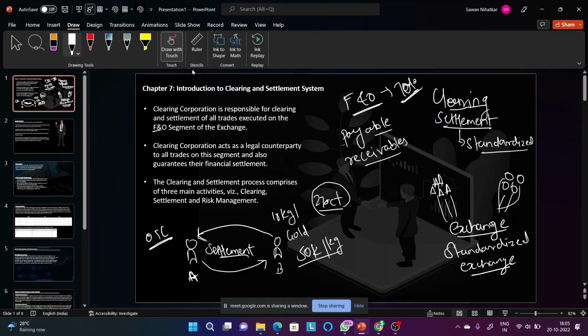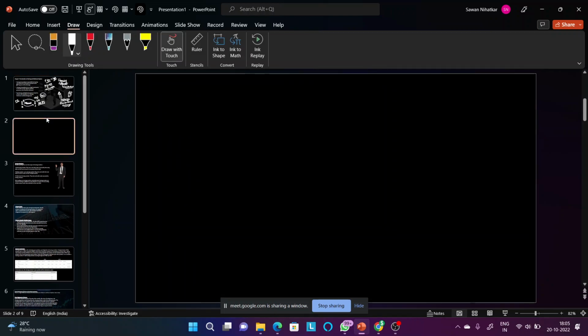So the clearing corporation acts as a legal counterparty to all the trades on this segment and also guarantees their financial settlement. Now, when you talk about over the counter contracts, we usually talk about two parties, party A and party B, transacting with each other. But when we talk about exchange traded contracts, let's say tomorrow if Minal wants to buy a futures contract on Reliance, she will not go out and look for a counterparty who is ready to sell it to her.